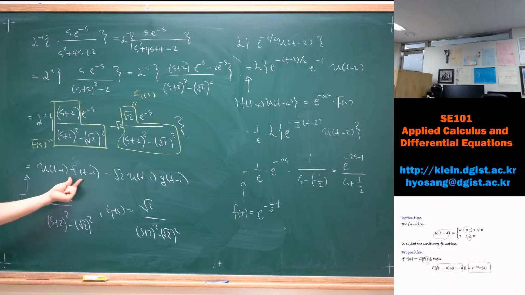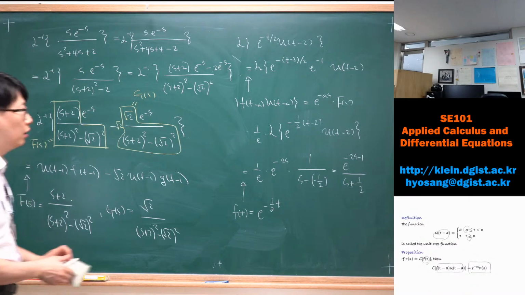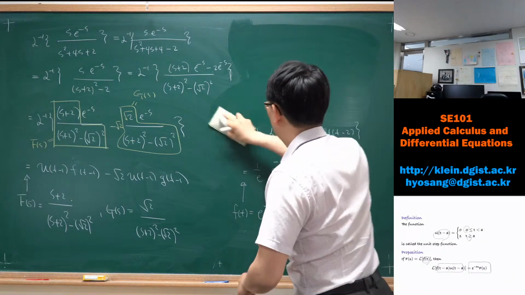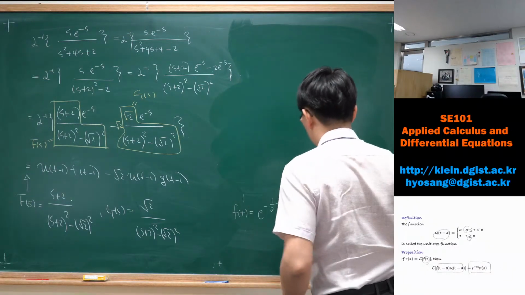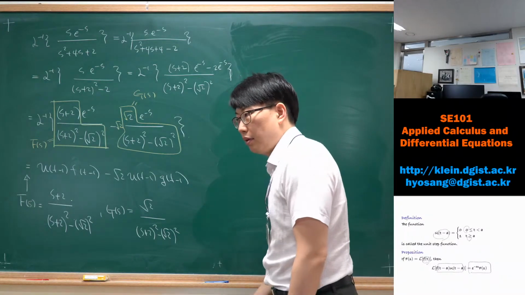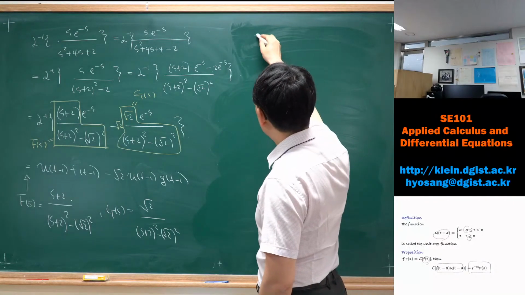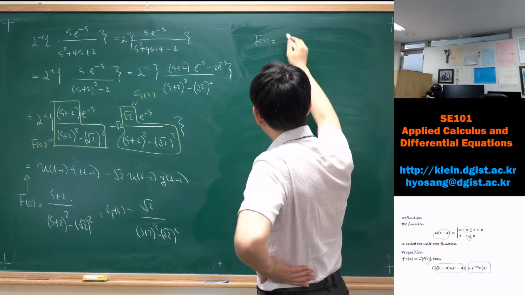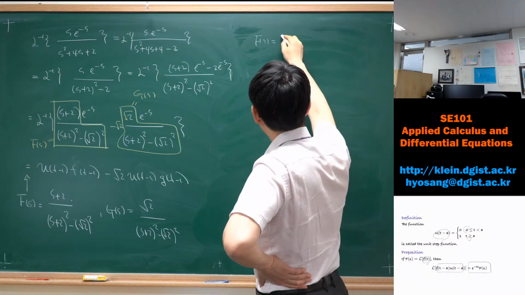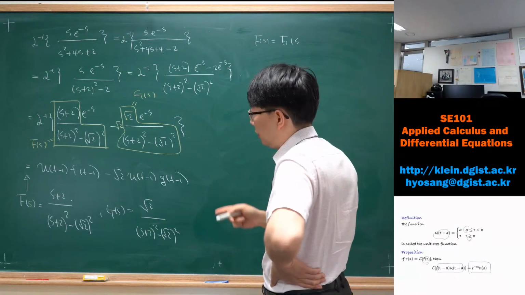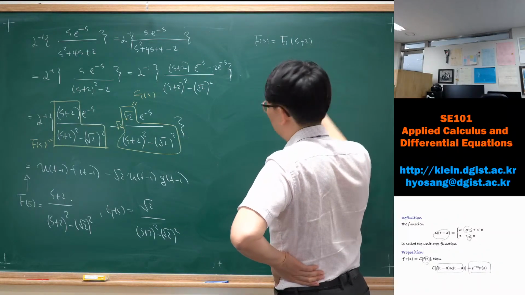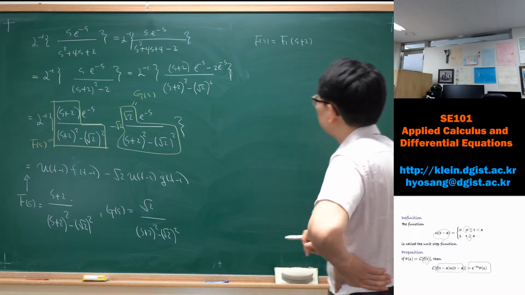And what's f of t and g of t now? So this f of s, I run out of the symbols here, so let's say f of 1. It's a shifting of f of 1 by negative 2.